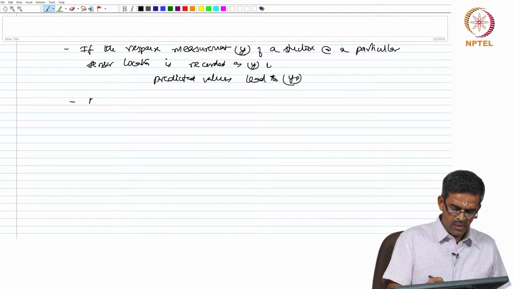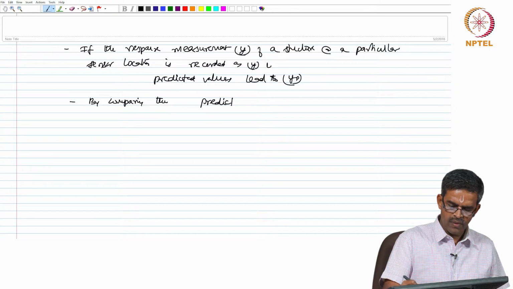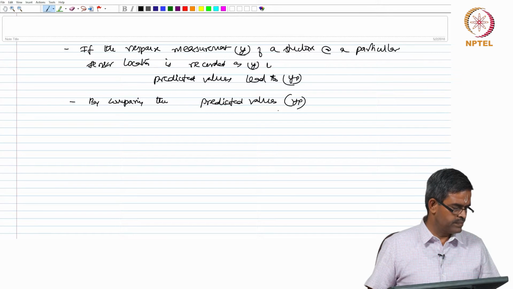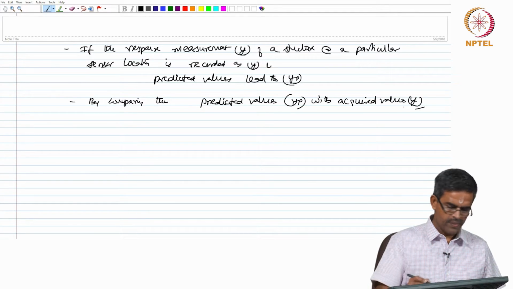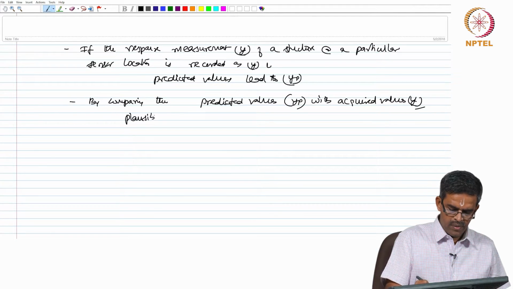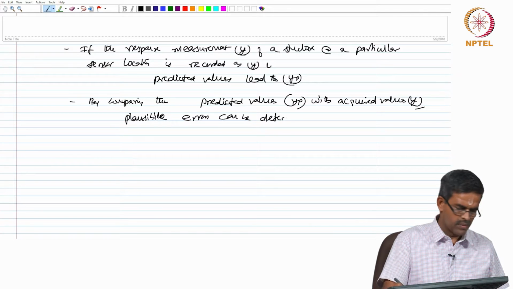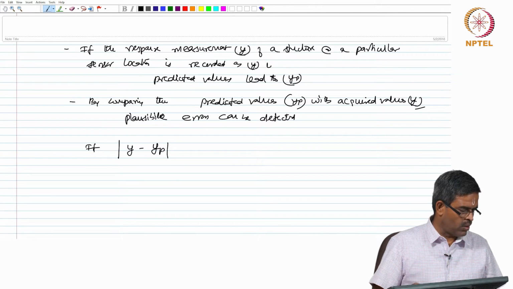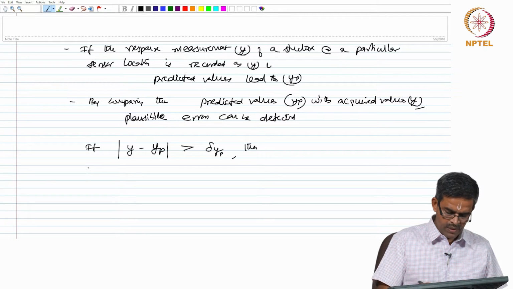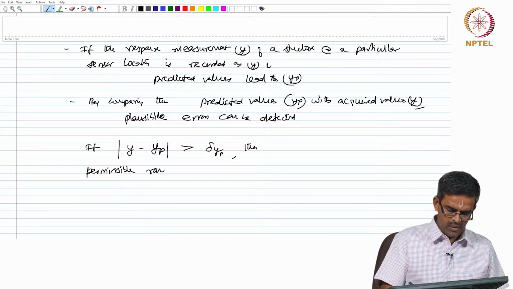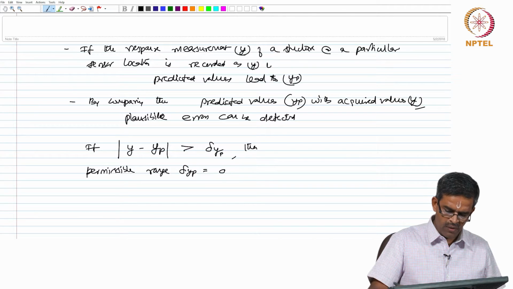Now, by comparing the predicted values, y p, with acquired values y, plausible errors can be detected if mod of y minus y p is greater than delta y p, then the permissible range delta y p will be a function of the measured value and the predicted value.